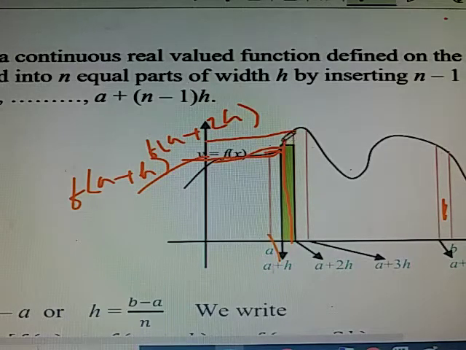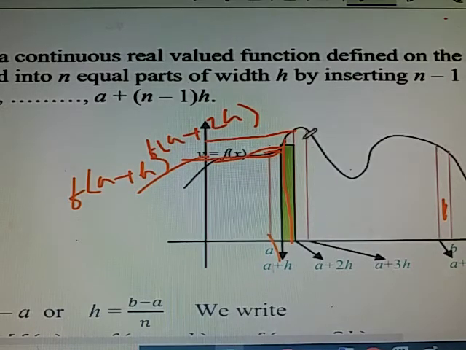So sometimes it is underestimated or sometimes it is overestimated. This is the error, we are not computing this value. It may be a sum, it may be a subtraction. So this error becomes less as h becomes smaller.